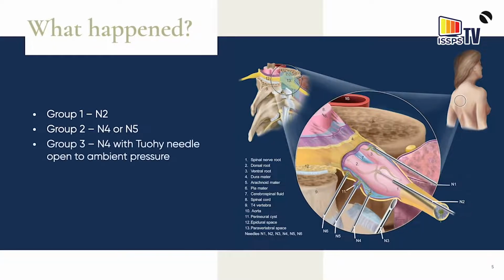In group 3 patients, the dural and arachnoid punctures were immediately identified and no agents were injected at the site. They were regarded the same as any other accidental dural puncture.